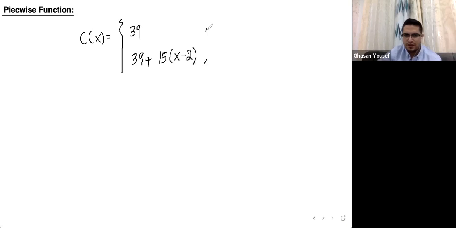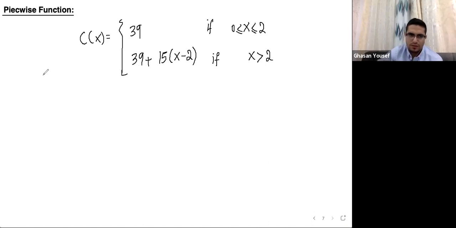And this function has a domain: the first rule if x is between 0 and 2, and the second if x is greater than 2.